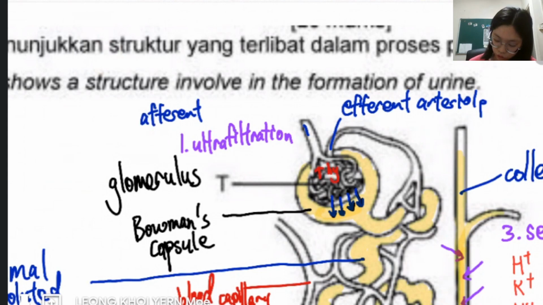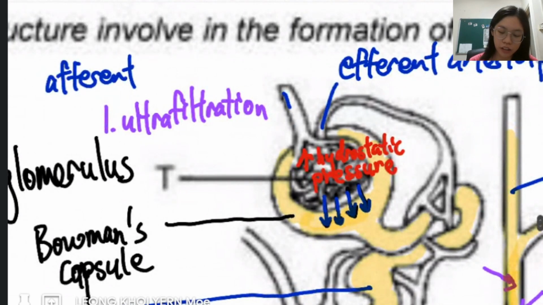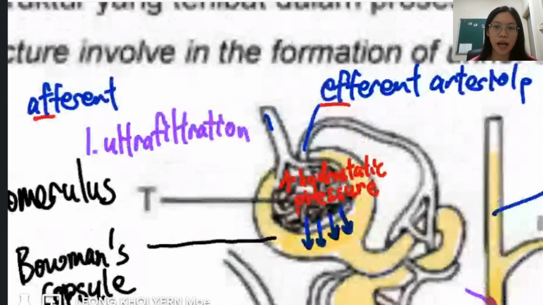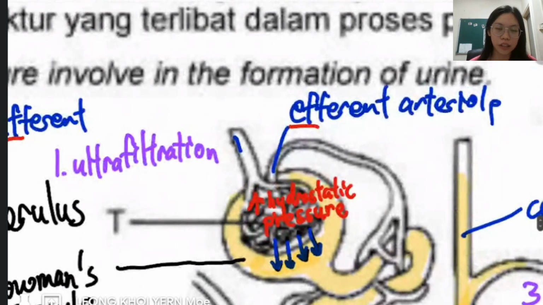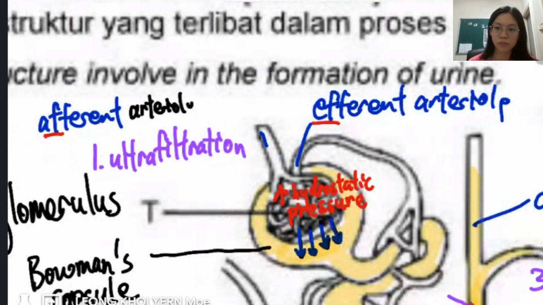Sorry, it's a bit laggy. It's because there is a difference in the diameter of the afferent arteriole and the efferent arteriole. The afferent arteriole is actually larger.